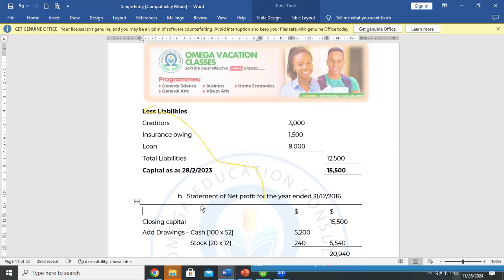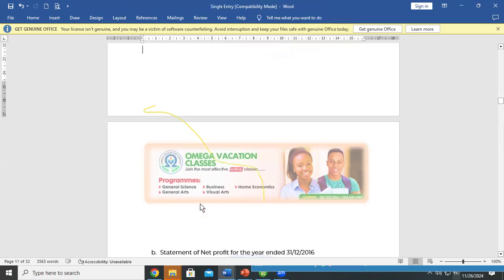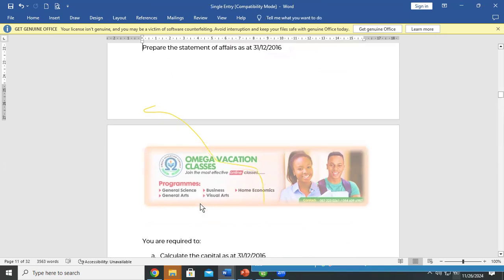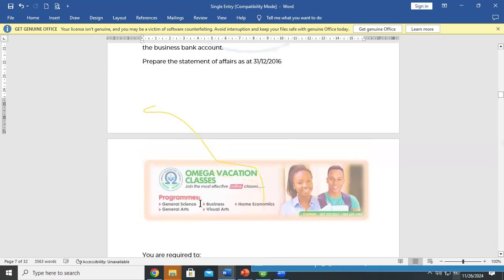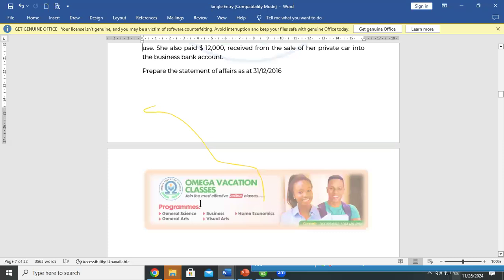So there is no need for us to adjust it with the cash or whatsoever. Remember, you are only using the balances on your assets and liabilities as at that period to calculate your capital or prepare your statement.